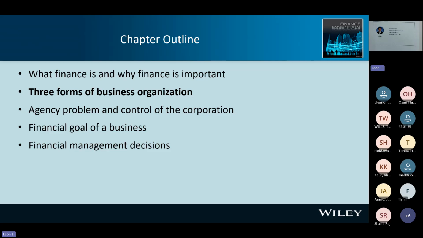So we finished the class representative election. We have one more thing to do, which is the attendance recording. So give me a few minutes. I will turn on my Moodle page.